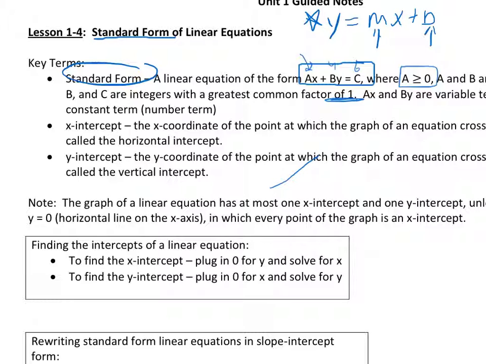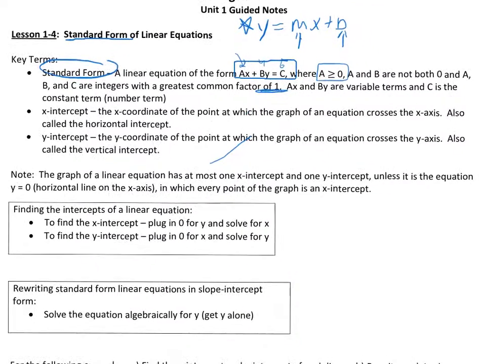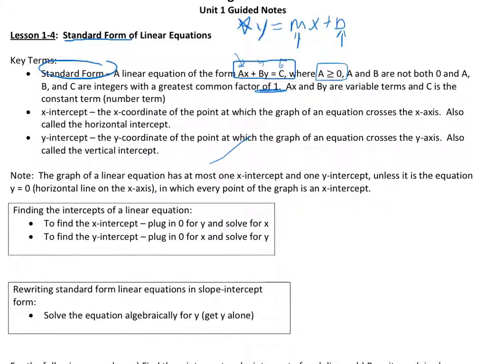The key is to understand that if you're talking about an x-intercept, then you're looking for what happens when you plug a 0 in for y, because when y is 0, you're on the x-axis.